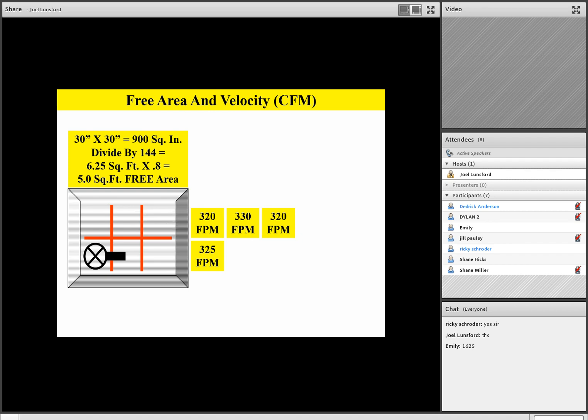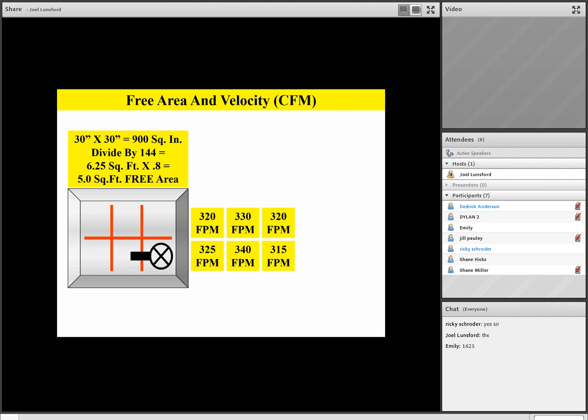Plus our next reading, 340. Plus our next reading of 315.